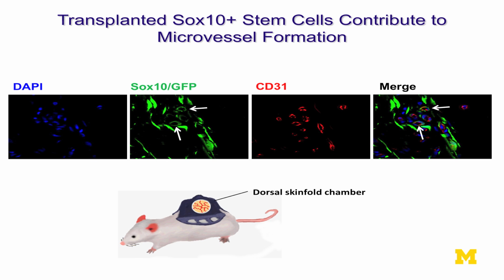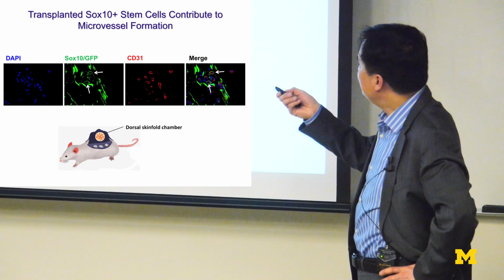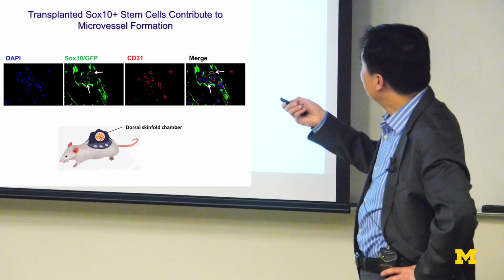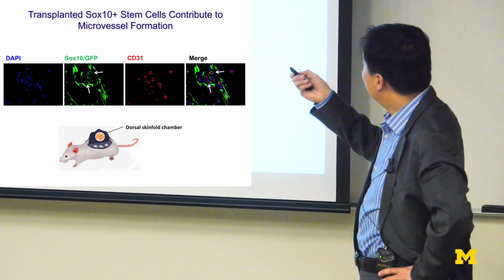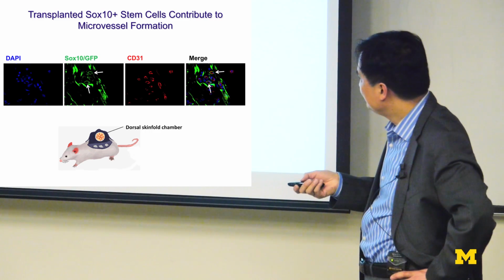And if you transplant these stem cells, we isolate the SOX10 positive cells from the GFP, green fluorescent protein, mouse, and transplant them into another wild type mouse. What we found is, indeed, these cells will form this structure around endothelial cells, which are positive for CD31.